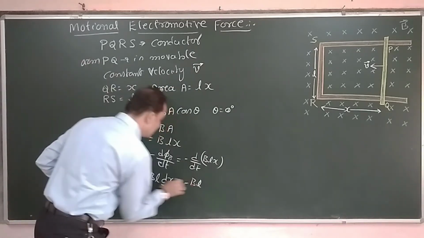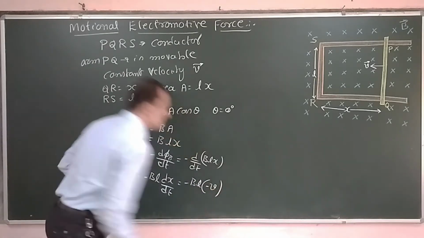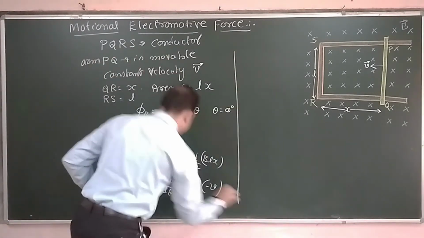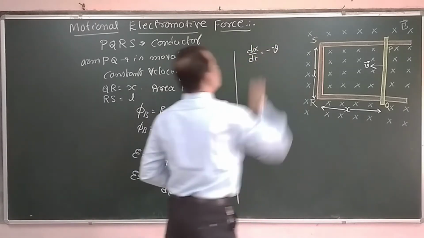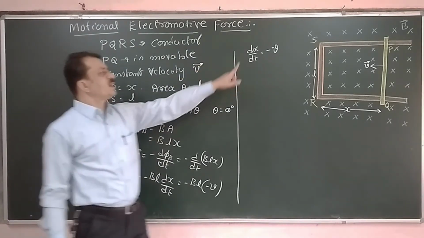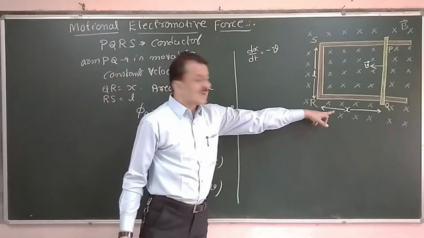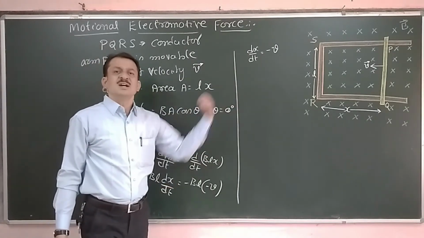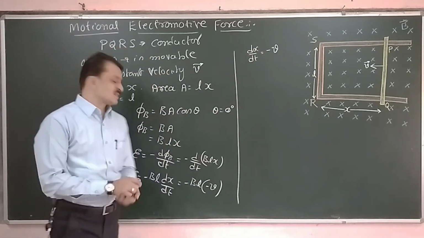So dx by dt is replaced by the velocity with a negative sign, dx by dt is equal to minus v. The rate of change of displacement is velocity, but here we have taken a negative sign because the length x goes on decreasing. In order to indicate that, we have taken a minus sign.